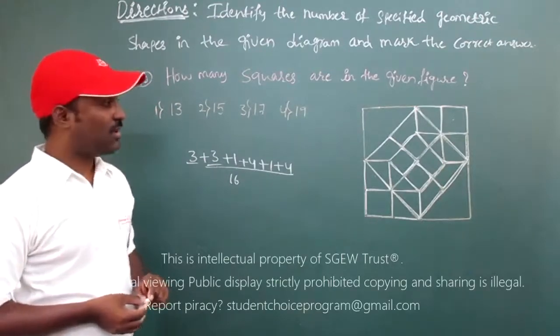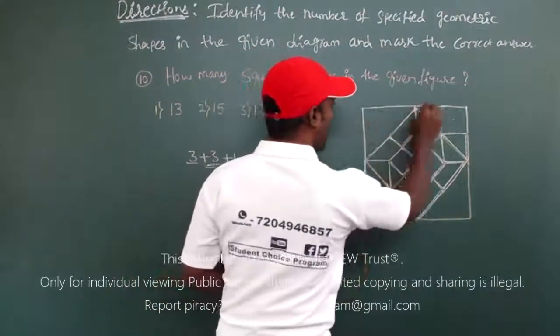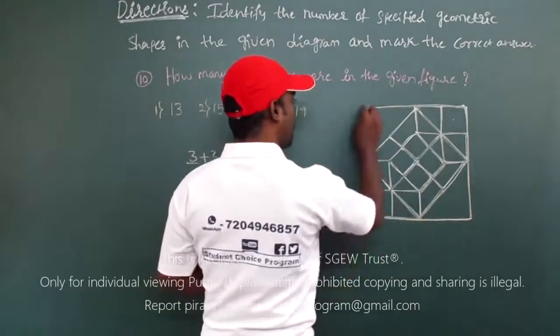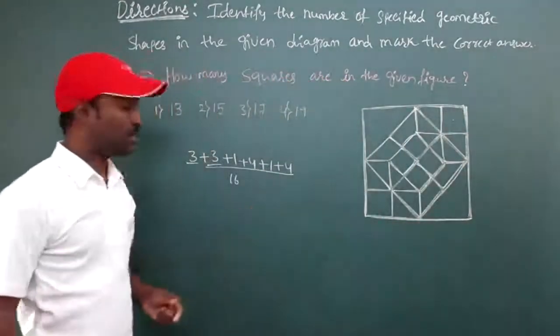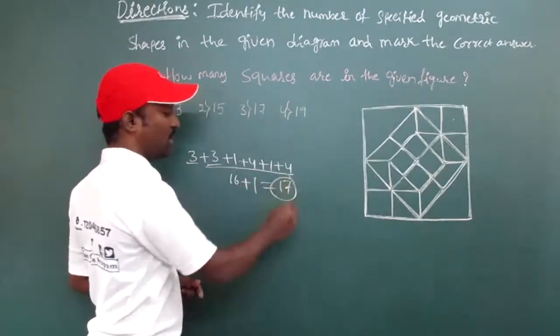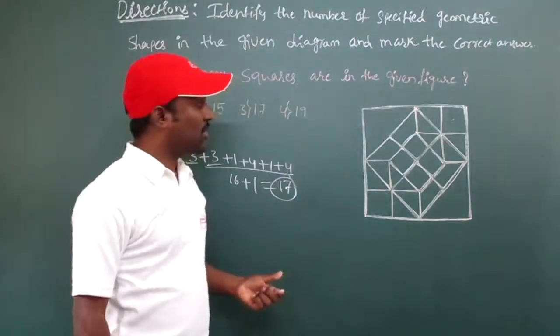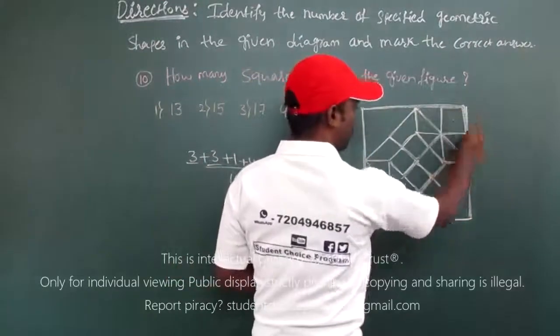Yes. This is the big square, or you can say the outer square. This is plus 1, which will give you 17. So there are a total of 17 squares. Sometimes what happens, you don't consider this outside portion.